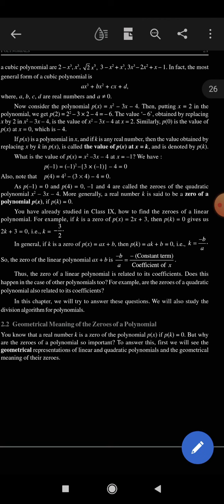If p(x) is a polynomial in x and if k is a real number, then the value obtained by replacing x by k in p(x) is called the value of p(x) at x = k and is denoted by p(k).